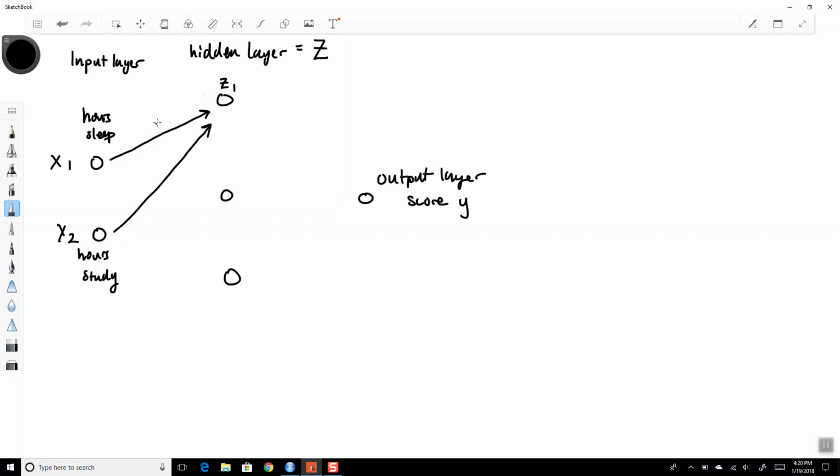So we will have a weight going from x1 to z1, and so I'm going to call this weight 1, 1 to indicate that it is the weight from x1 to z1. Okay, and this over here will be weight 2, 1. It is the weight going from x2 to z1.